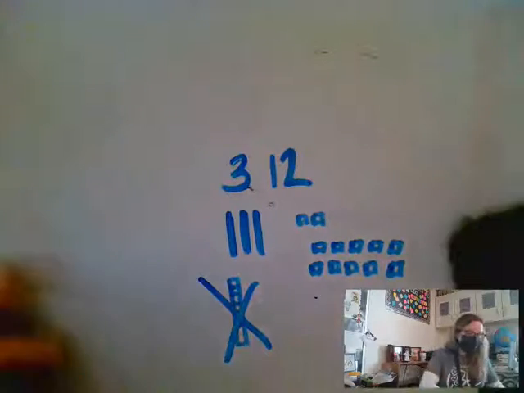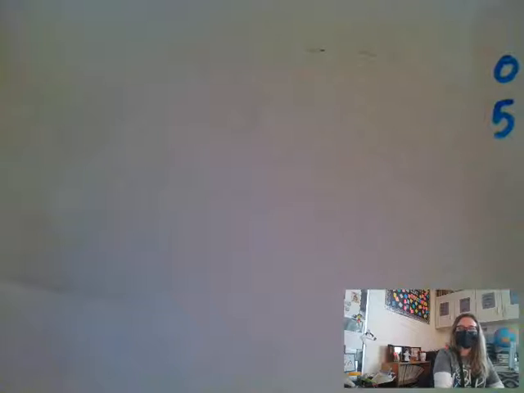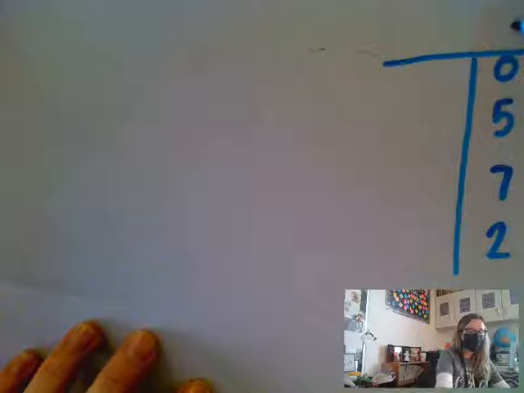Anytime we see one digit on its own, such as 0 or 5 or 7 or 2, we know that it goes in the ones place. And that makes sense, right? One digit, ones place. Whenever we see 2 digits, we know that we have to add an additional column. So now we don't just have our ones, now we have tens as well.